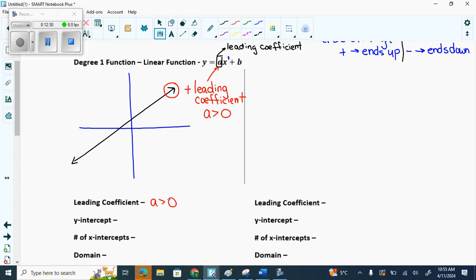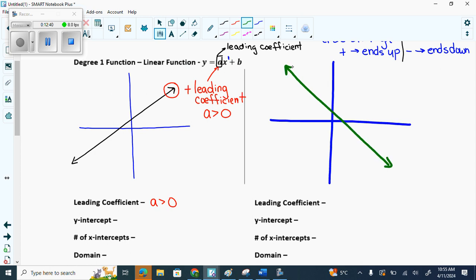I'm going to draw you another graph over here. You sketch that graph now. Okay.